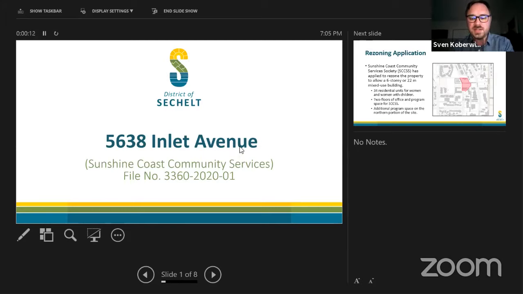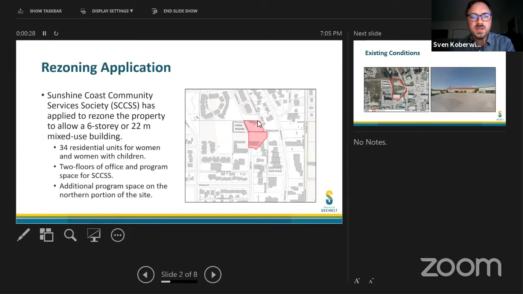So the application in front of council today is for a rezoning application for 5638 Inlet Avenue. It's the current site of Sunshine Coast Community Services. The Sunshine Coast Community Services Society is located at the end of Inlet Avenue. The property location is highlighted in red here, and the current rezoning application is proposing a 6-story or 22-meter mixed-use building.